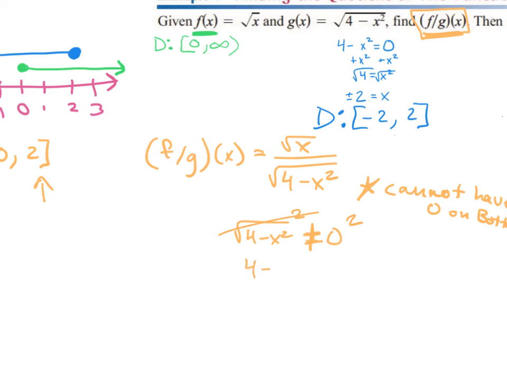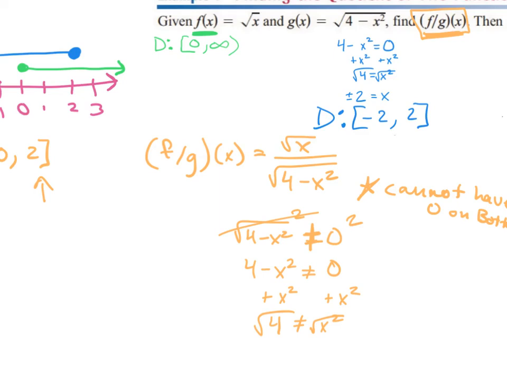So we have 4 minus x squared, and that does not equal 0, because 0 squared is 0. And then we can add x squared to both sides. So we have 4 does not equal x squared.